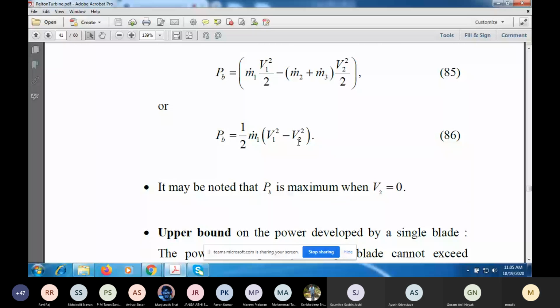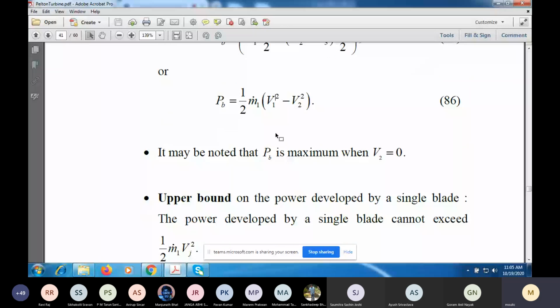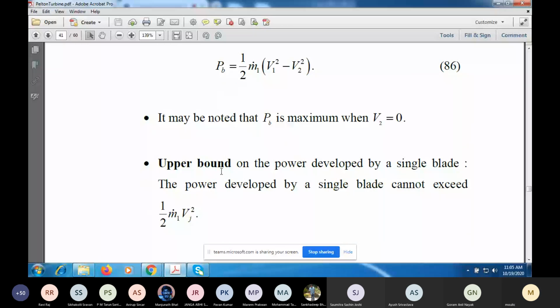Okay. So if you subtract a positive quantity from V1 square, of course the value will be less than half m1 dot V1 square. So we can find an upper bound or maximum value of the power developed by a single blade. Engineers are always interested in bounds.